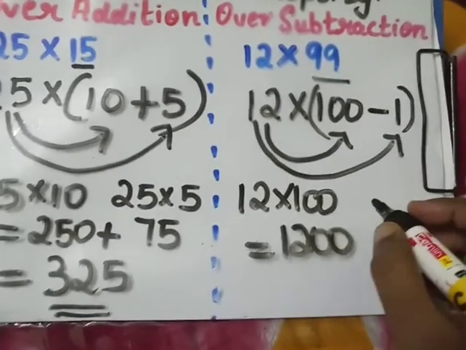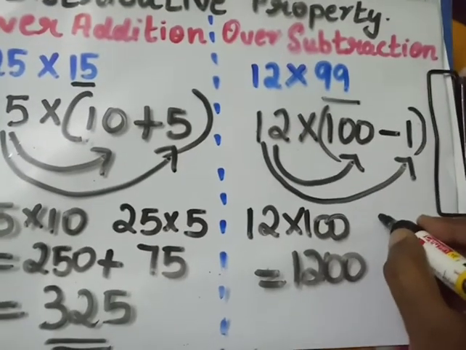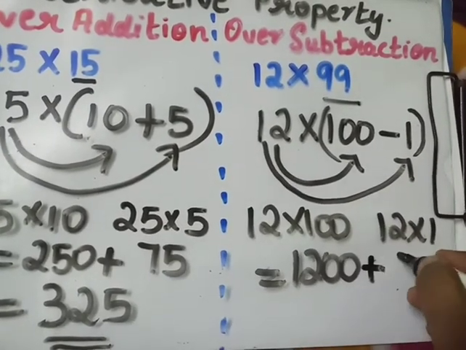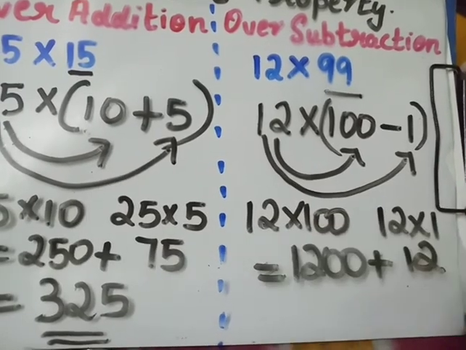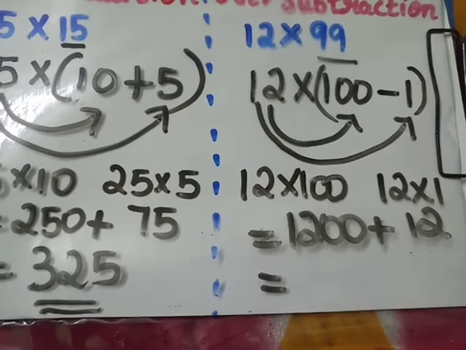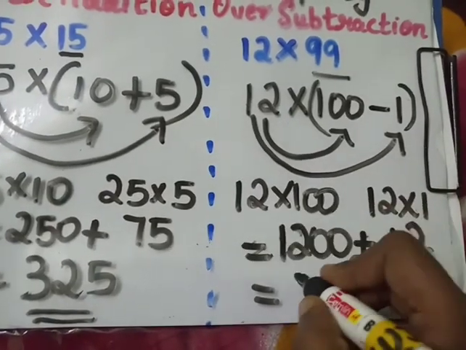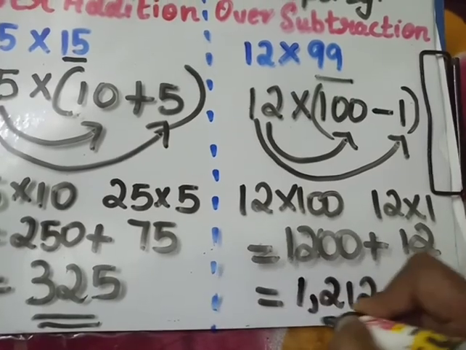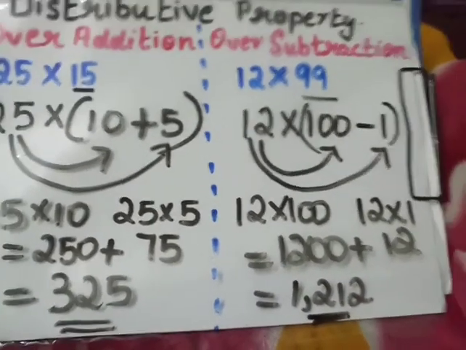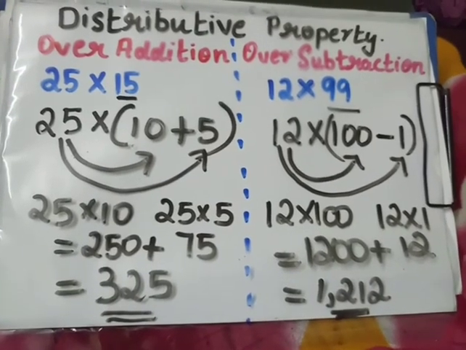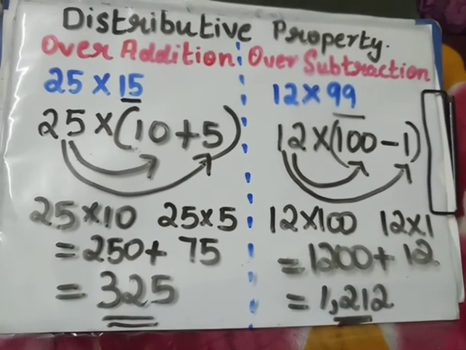And then you need to multiply 12 into 1, which is 12 itself. Then you need to add 1200 plus 12. It will be 1212. So this is the final property of whole numbers, that is distributive property.